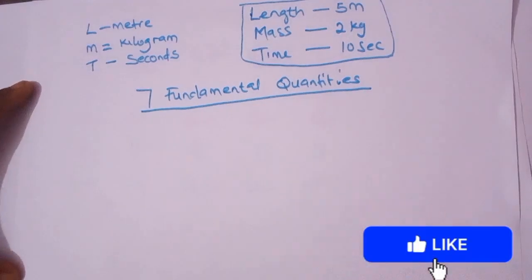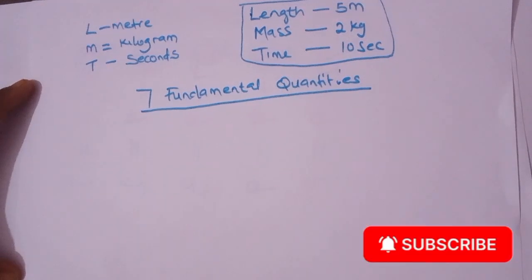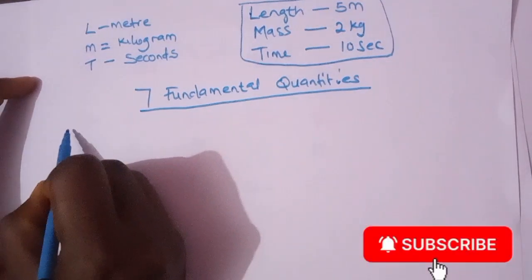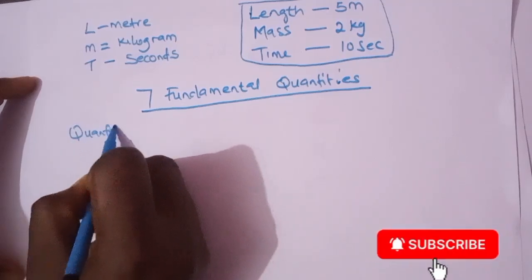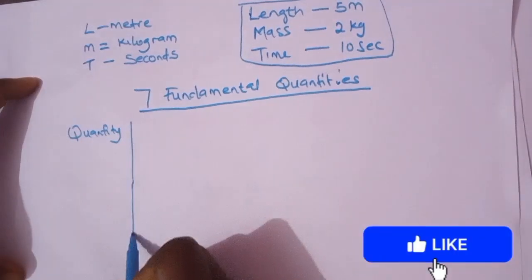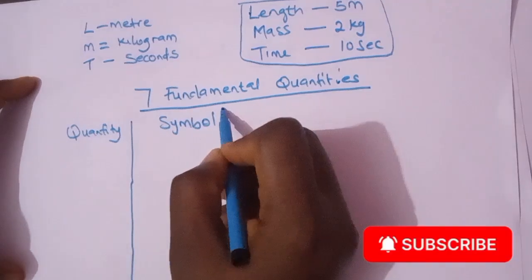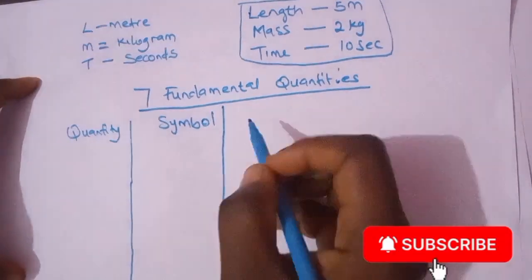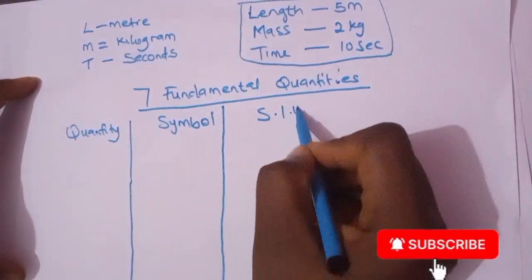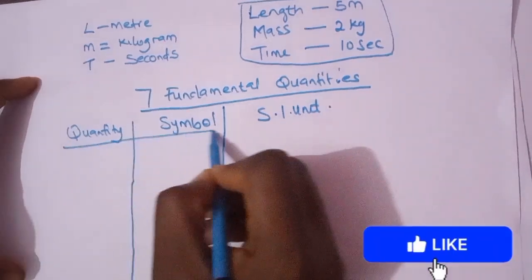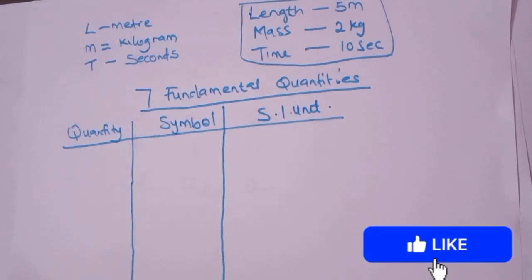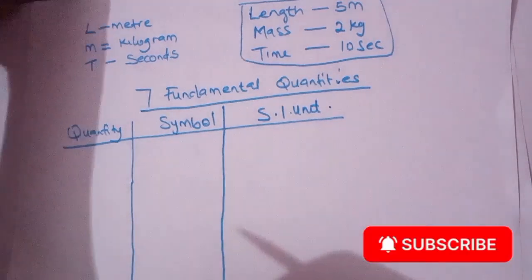Okay, let me draw a table to make it more understandable. We have quantity, we have symbol, we have SI unit. So what are these 7 fundamental quantities?